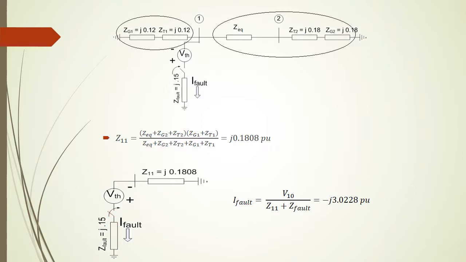After we close the switch, fault current will flow, and we can calculate this by simply dividing the voltage over the total impedance.